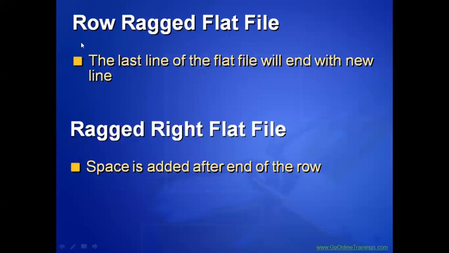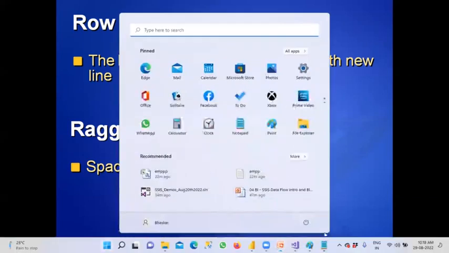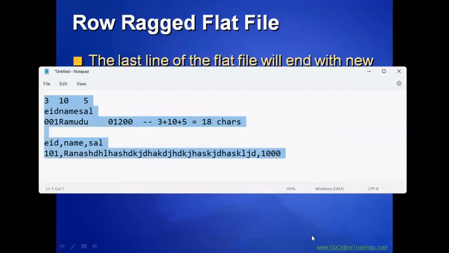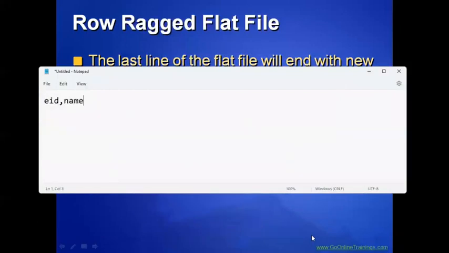The next one is called a row ragged flat file. The last line of the flat file will end with a new line, ragged right. Sometimes what happens, you will have a flat file. You will have employee ID, employee name, salary. I have some data. 1 Sita 2000, 2 John 3000.